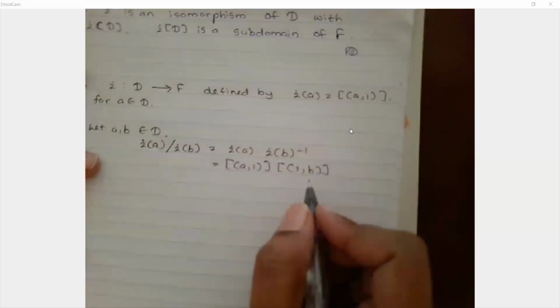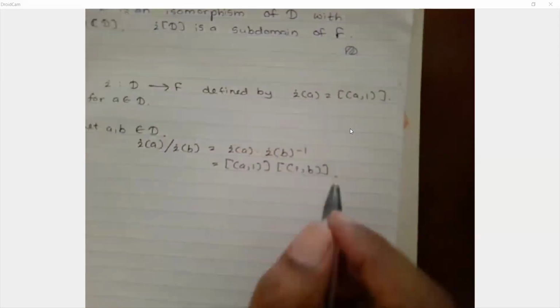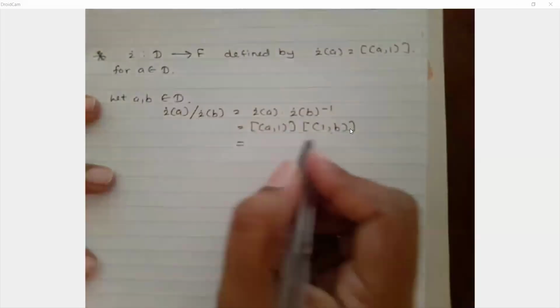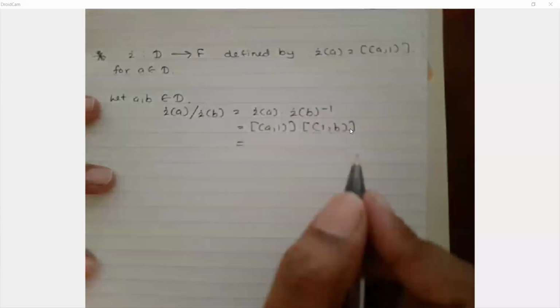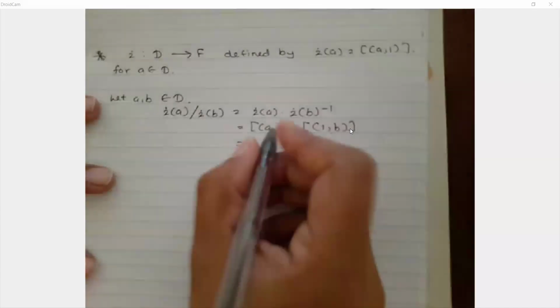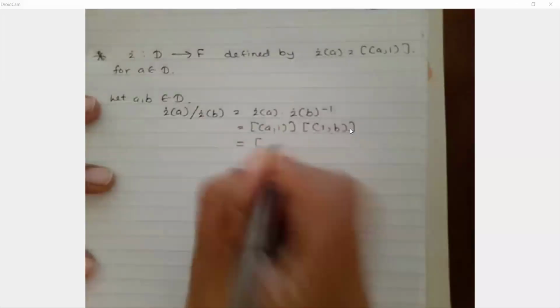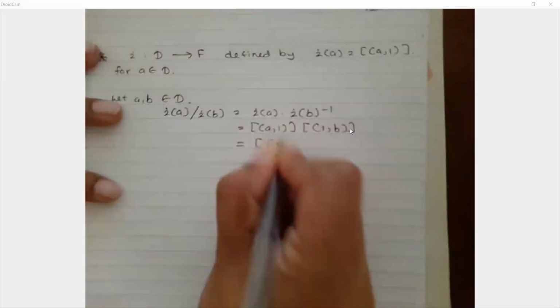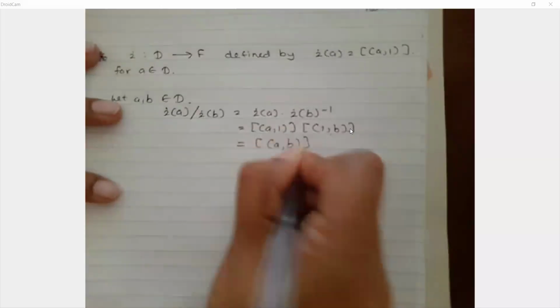For elements that are not the additive identity, the inverse exists. So you can take the inverse like this, and the inverse is given by this if you refer to the previous property. And this is equal to, by multiplication that's defined over F, we know that this is equal to A times 1 times B, which is B.